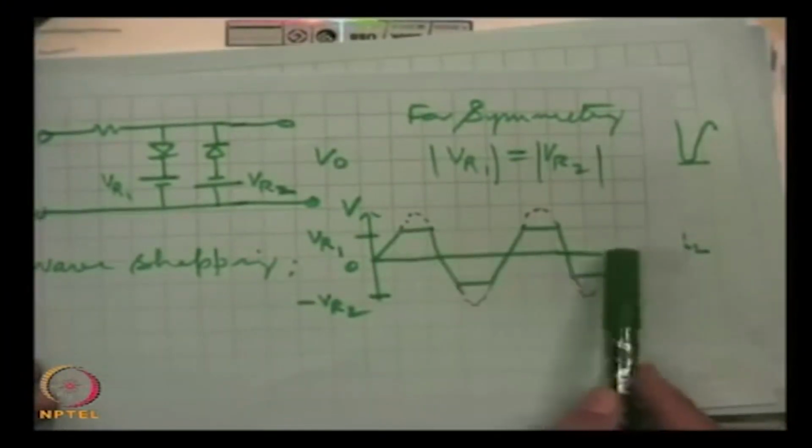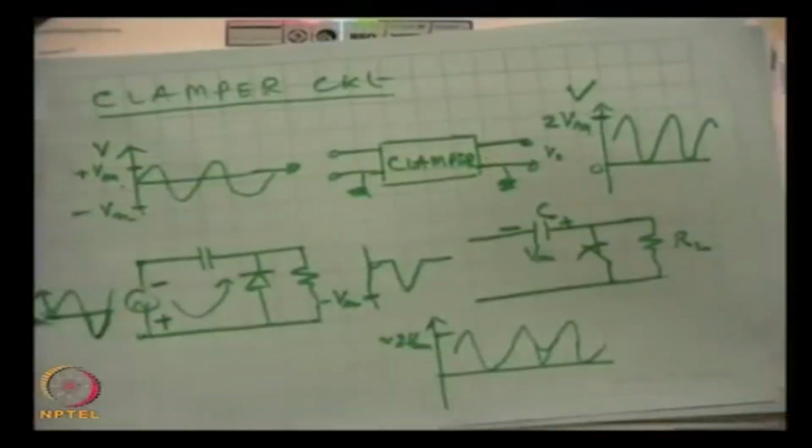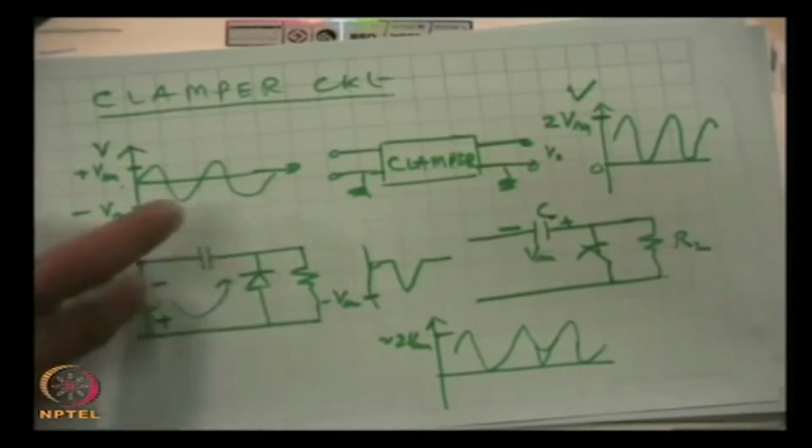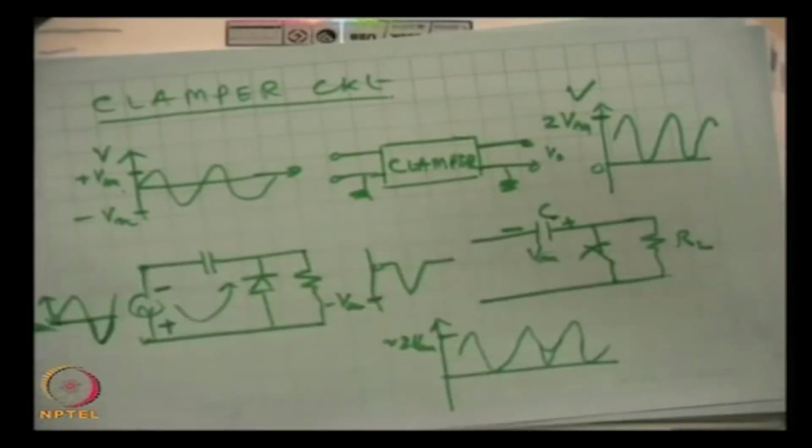And then we talked of clipping and clamping circuits, which are used for wave shaping purposes, and we can cut symmetrically a wave, we can restrict the upper magnitudes. And in clampers we can change the DC level, we can add DC in either way. If we reverse the role of capacitor and diode, then it can be done in the other way also. So, these are clampers. So, this was the unit.